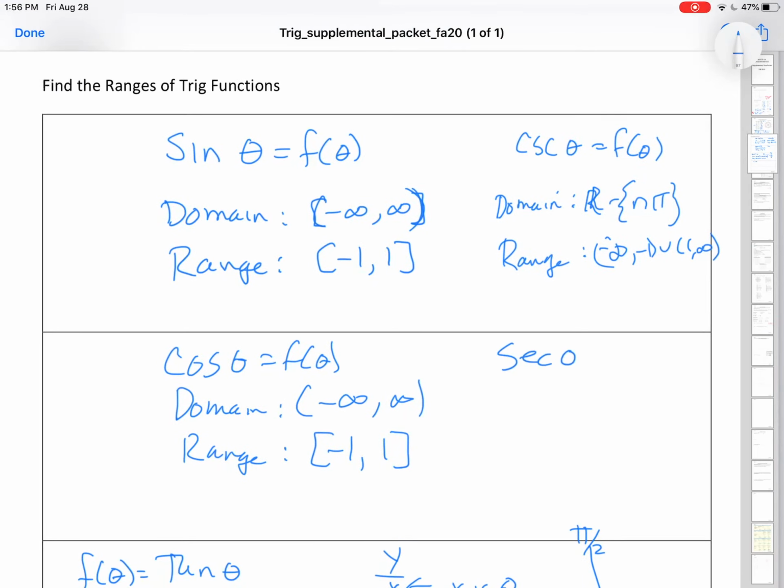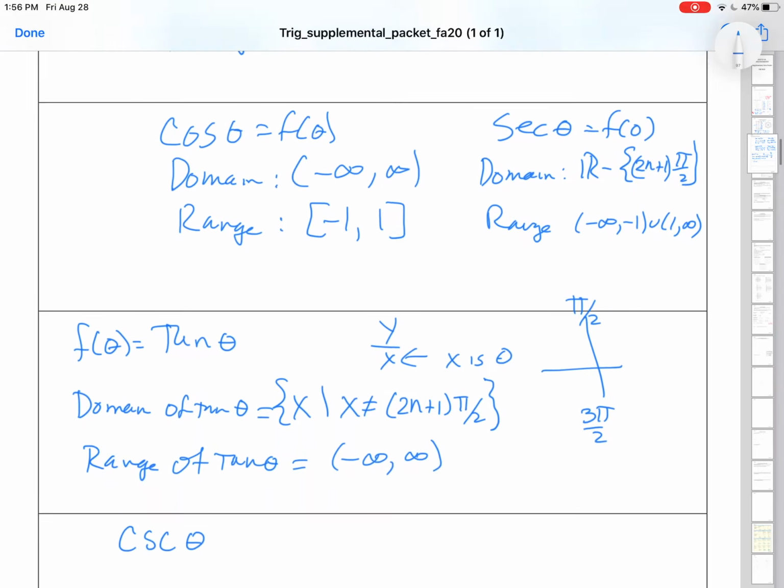Secant theta, its domain is very much like tangent, the set of all real numbers, except we can't have any of the odd number pi's over 2. Those have got to go away, the 90 degrees and all of that. Its range is from -infinity to -1, union 1 to infinity, right? For the same reason.